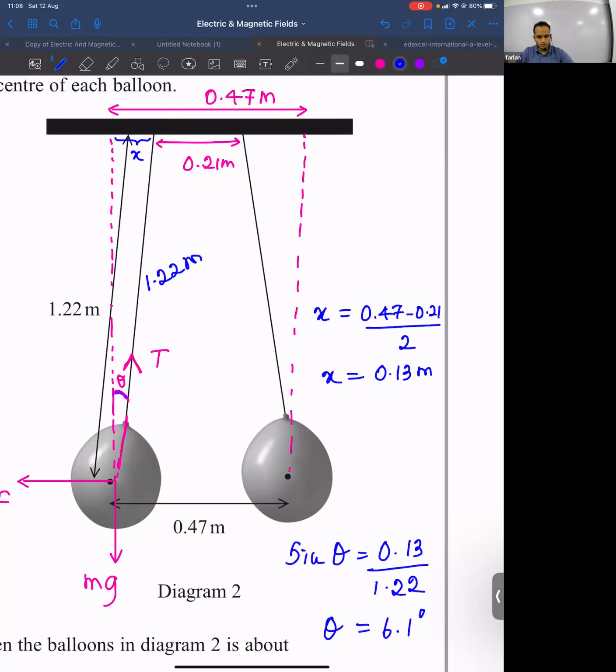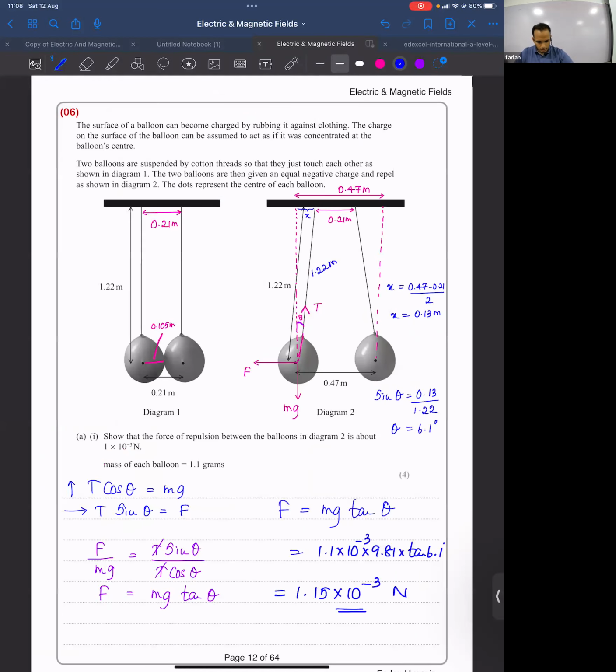You can directly use it as mg d over L. DOL is the sine theta.